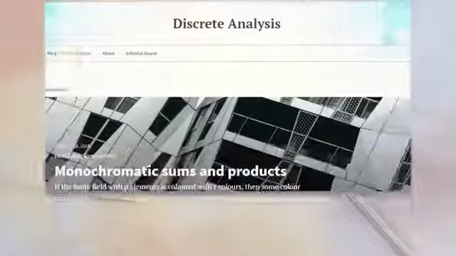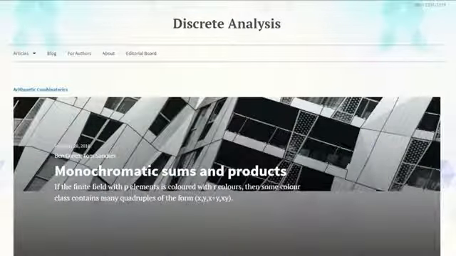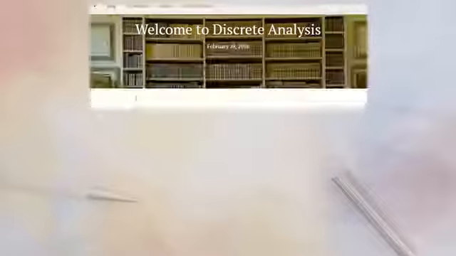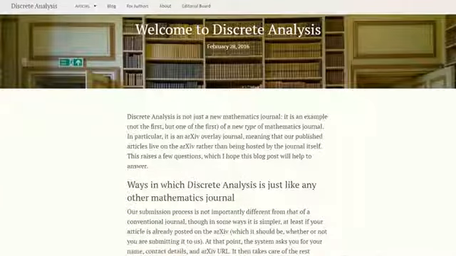This was again a very interesting development, and the first journal, as we can see here, Discrete Analysis, is the first overlay journal that came into being. As we can see, there's some more information on the journal, which anyone can easily look up on the internet.